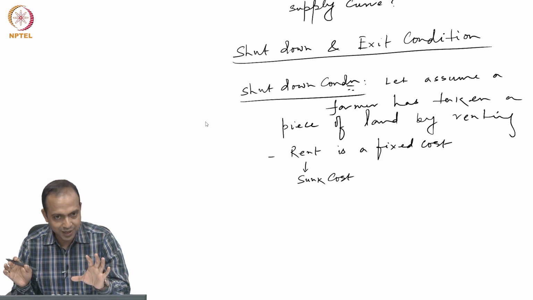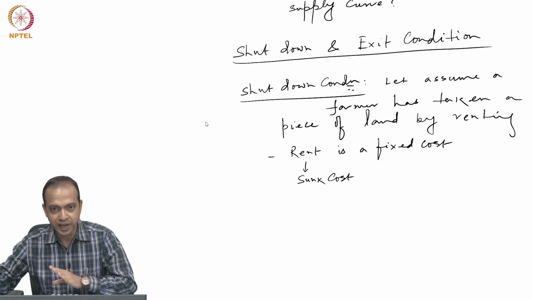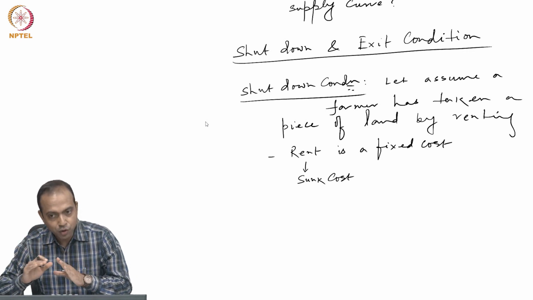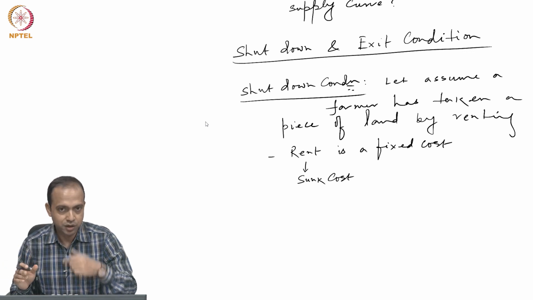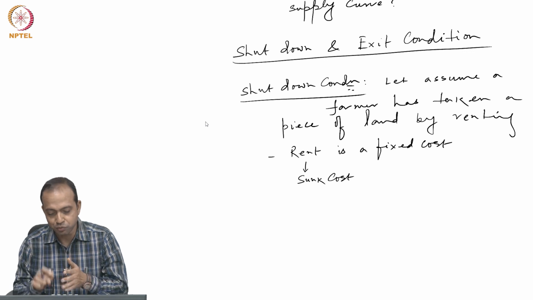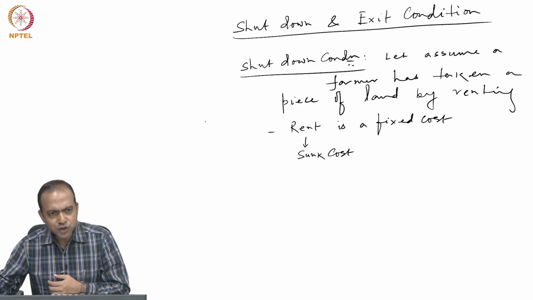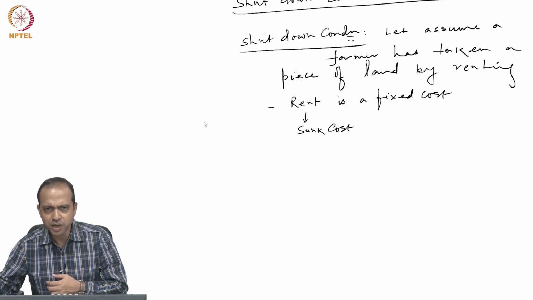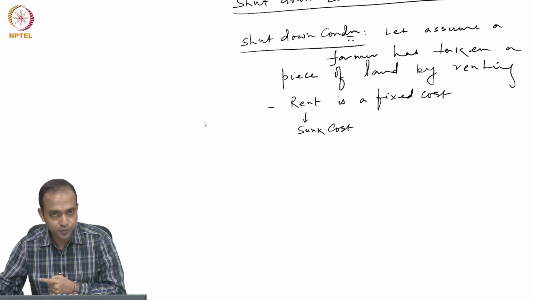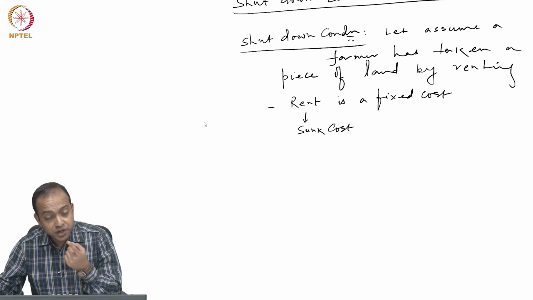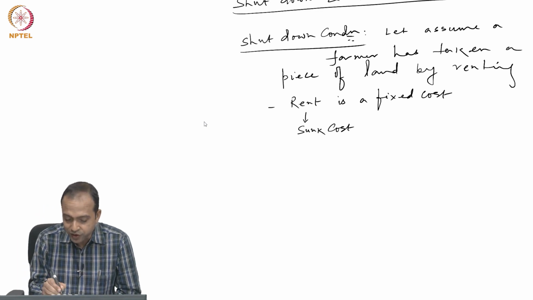So, you are having the land for which you are paying rent, and that rent amount does not depend on your production. You produce or not produce, you must pay rent. So, that is why rent is sunk in the short run. That should not guide the farmers to decide whether to produce or not. What should decide then the farmer's decision? The variable cost.